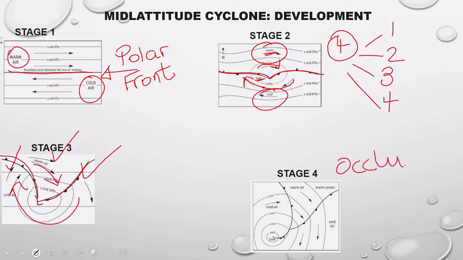So we move from the mature stage to the last stage, which is the occlusion stage. That is the last stage of a mid-latitude cyclone. Here the cyclone finishes. It is going to be the end of the cyclone, okay?